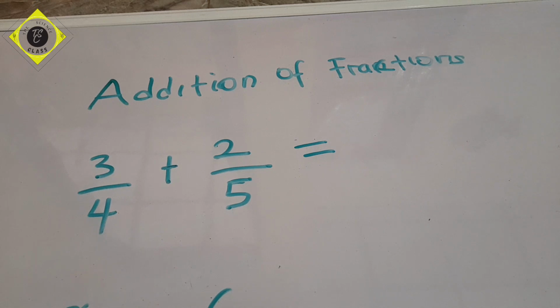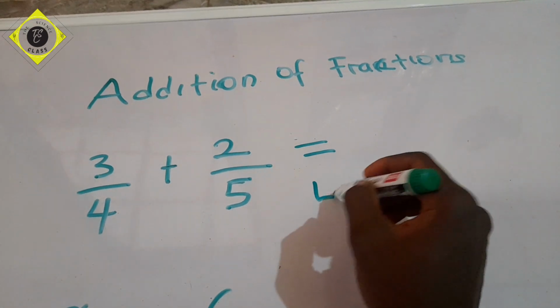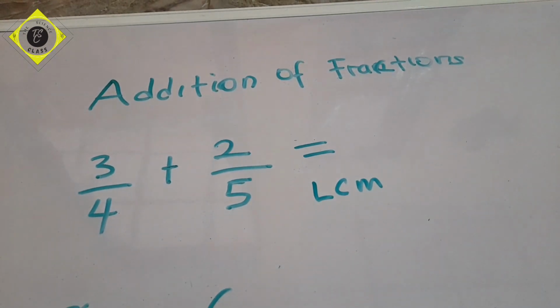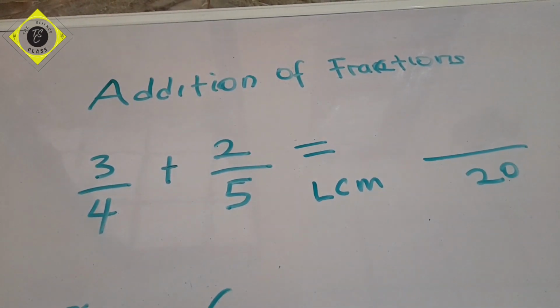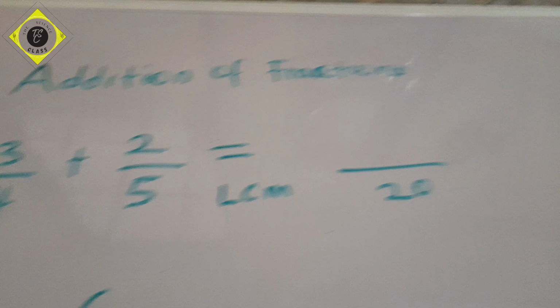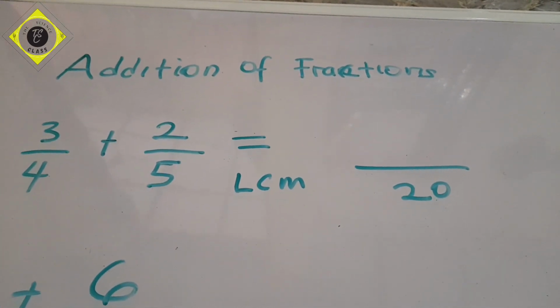If you don't know how to get the lowest common multiple, watch my video on lowest common multiple, especially the shortcut method. The LCM of 4 and 5 is actually 20.